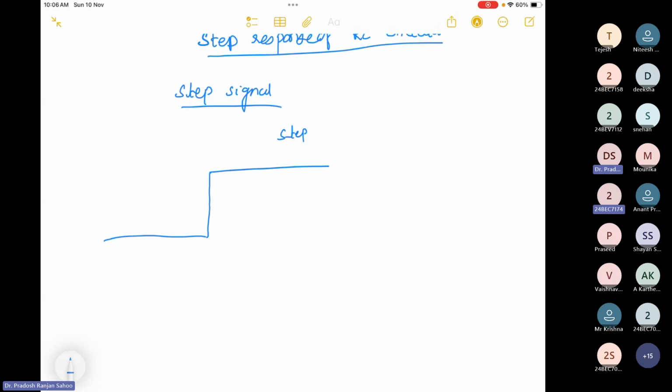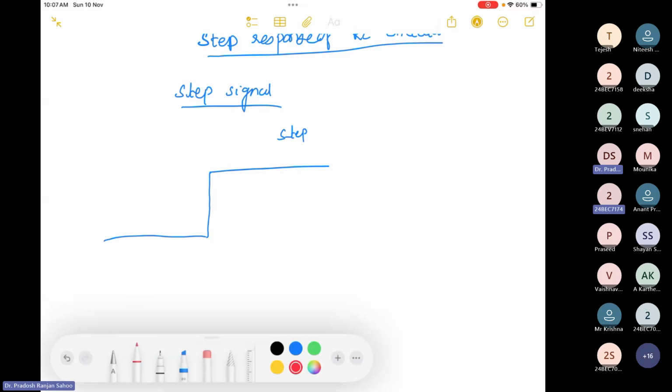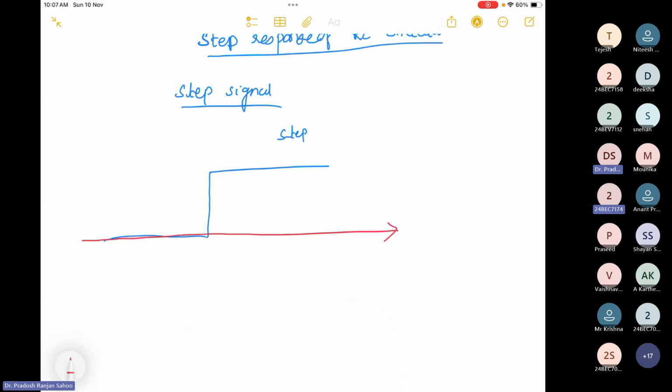So the step signal, if I want to draw its graph, time versus amplitude graph, let this be your time axis. And here I'll say t equal to 0.